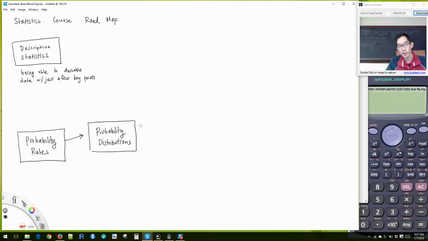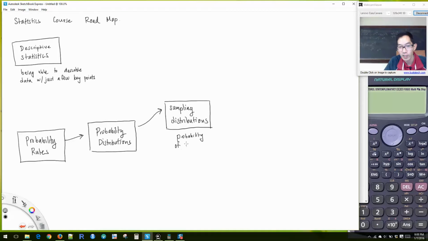After we understand probability distributions, we'll come to sampling distributions. Sampling distributions are about understanding the probability of getting particular samples, or samples with certain properties.